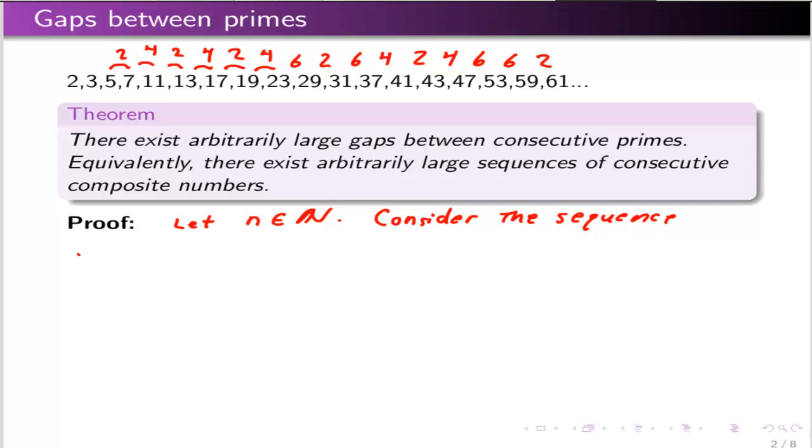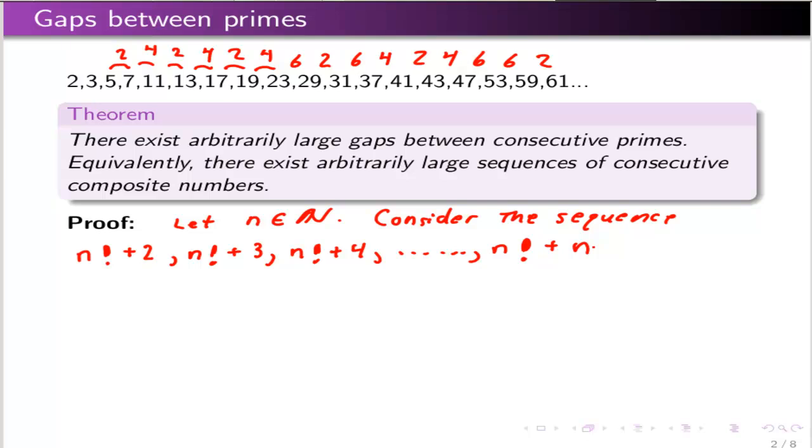I start at n factorial, and I'll first add 2, and then I'll add 3, and then I'll add 4, and I'll go all the way up until adding n. So I've written down n minus 1 consecutive whole numbers.